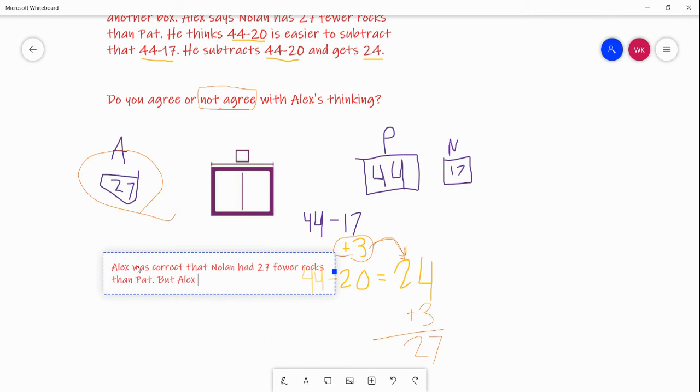But Alex did not use compensation correctly, so he got the wrong sum.